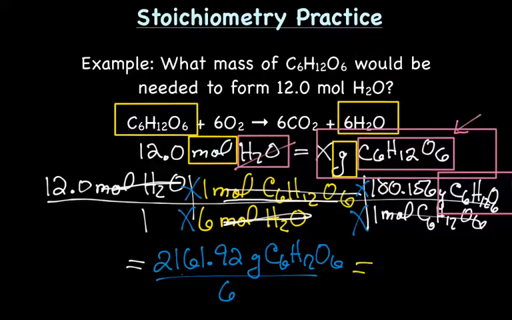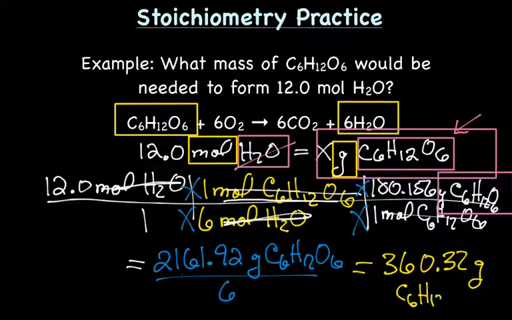So when we divide, I got 360.32 grams C6H12O6. And our last step is to check sig figs. And this is a complete disaster here.